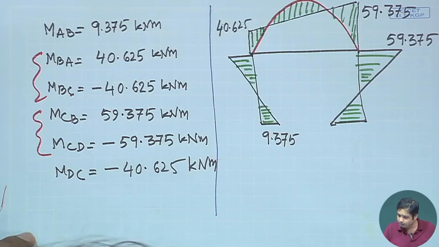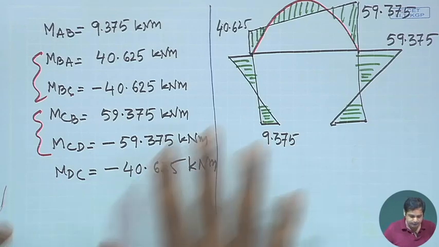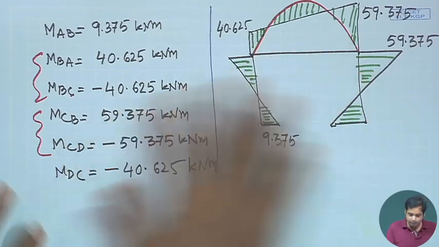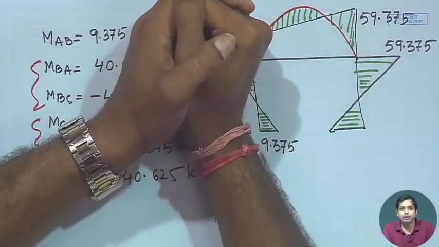Once you have this, next we stop here. Now, let us just summarize what we have learned in this week. We discussed the overall concept of displacement method, and then that concept is translated into equations.